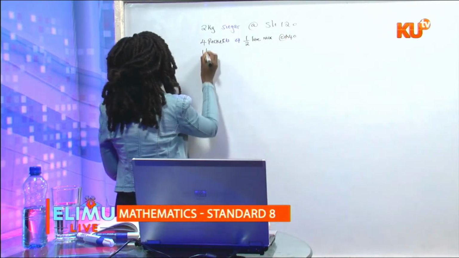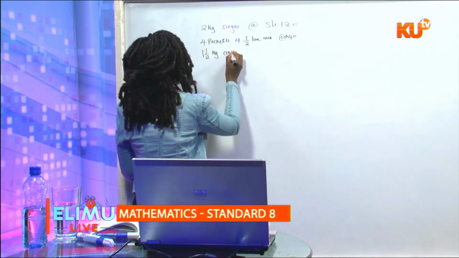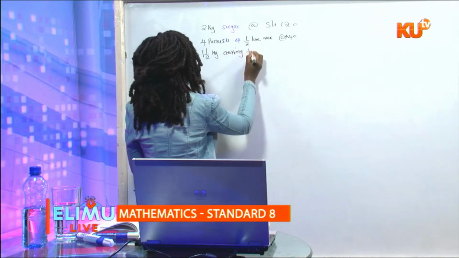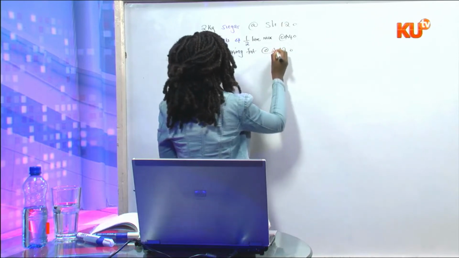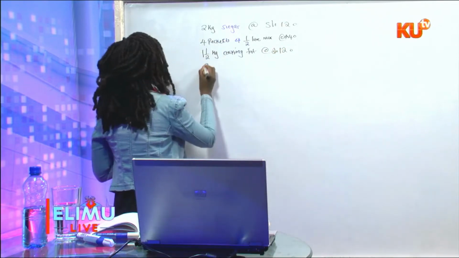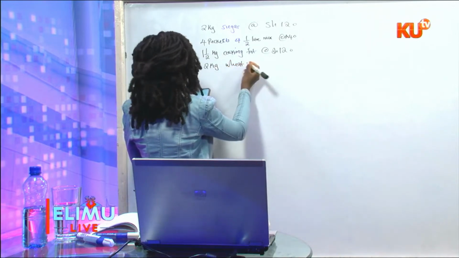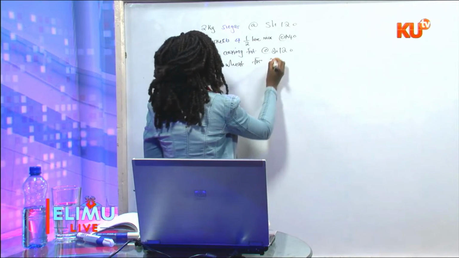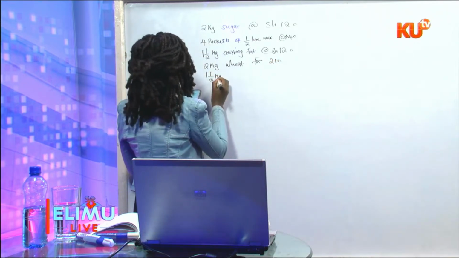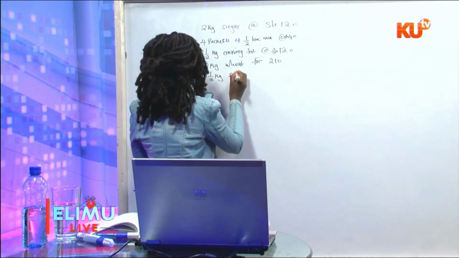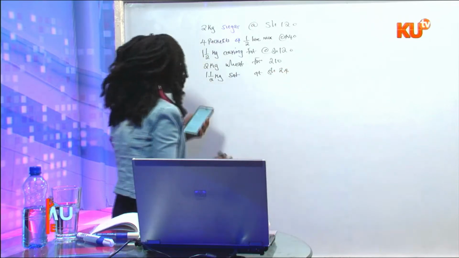And then we have 1 1/2 kgs cooking fat at 120 shillings each. 2 kgs wheat flour for 210 shillings. And we have 1 1/2 kgs salt at 24 shillings per kg.